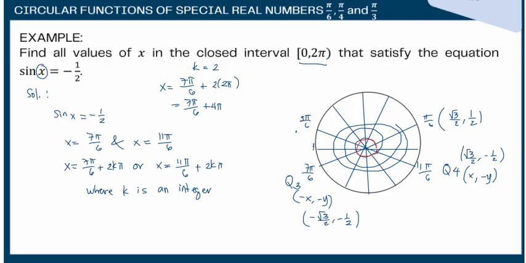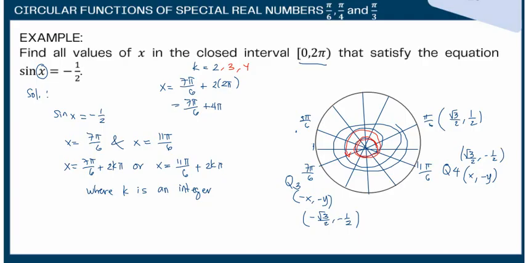1, that's 2 pi, 2, but it would terminate at 7 pi over 6. Meaning, it will go back to the same location of 7 pi over 6. Even if you do 3, 4, you would just rotate however many times, and then it would stop at 7 pi over 6, the terminal side of our original value from 0 to 2 pi.